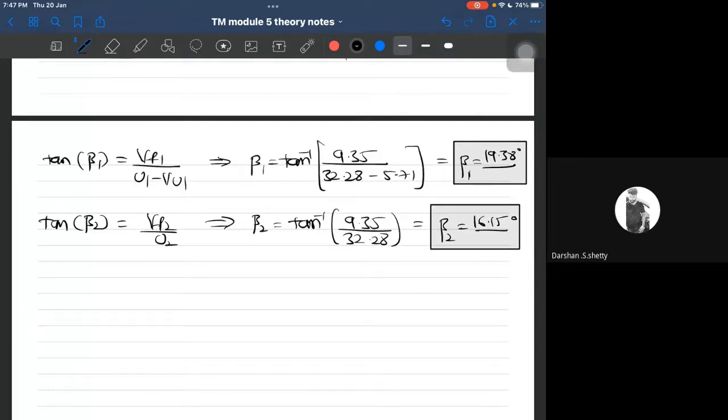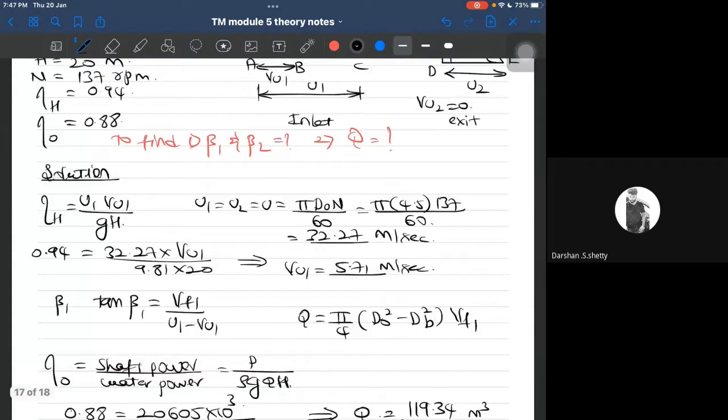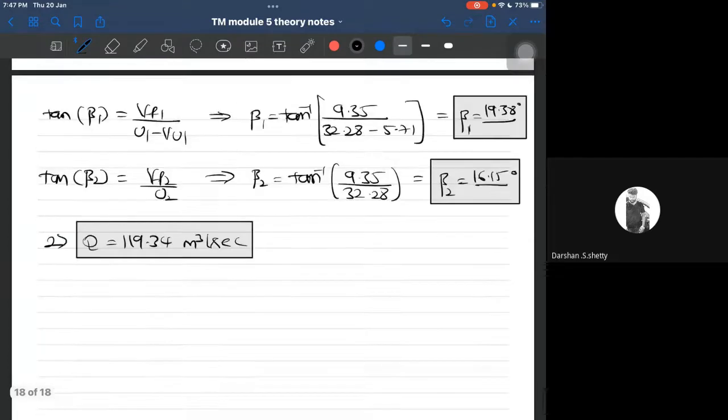Okay, next you have to calculate the value of Q, I guess. Q has already been calculated. Q is 119.34 meter cube per second. Anything else that needs to be calculated? Only two parameters.